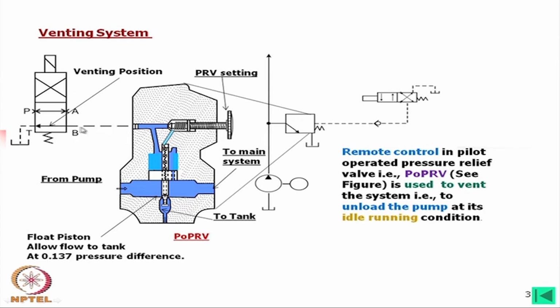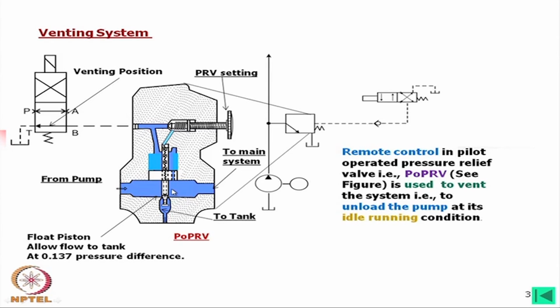Once oil starts flowing there, again this will open, and this oil will go to the tank. That means at that time the pressure may not be the set pressure, it may be below the set pressure. Usually these are the ideal conditions when we need to vent the oil. This is used with the fixed displacement pump.